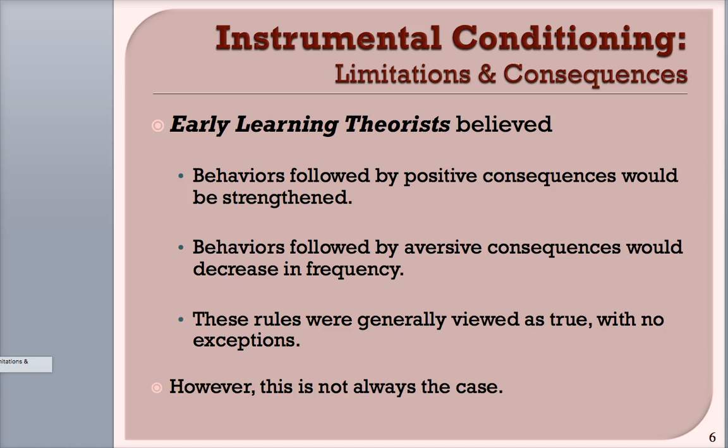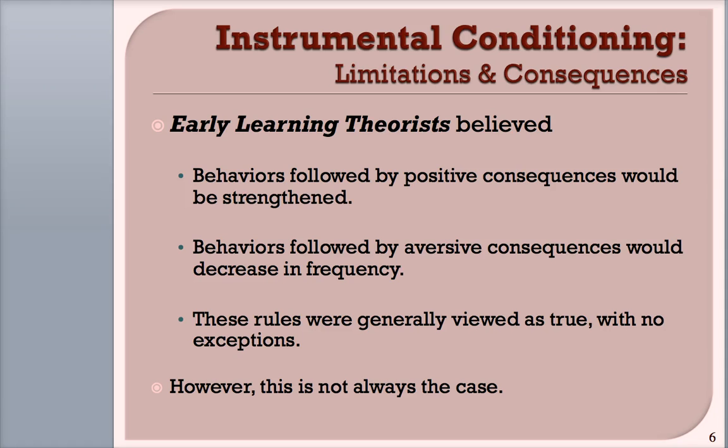So when we go back and look at the early part of the 20th century, we find out that the early learning theorists really believed that any behavior that was followed by a positive consequence would be strengthened. And it really didn't matter what the positive consequence was, as long as it was an appetitive stimulus or the removal of an aversive stimulus, and that pretty much all positive reinforcers and negative reinforcers were created equal.